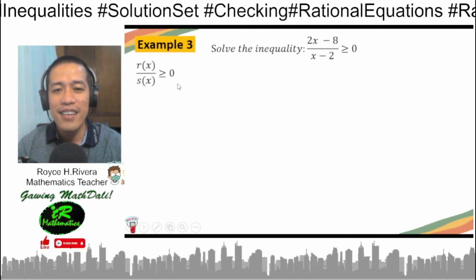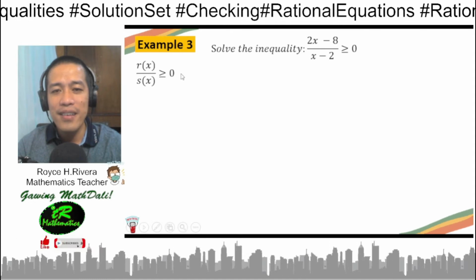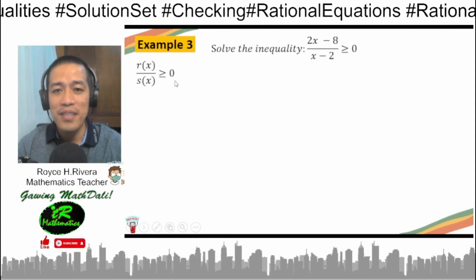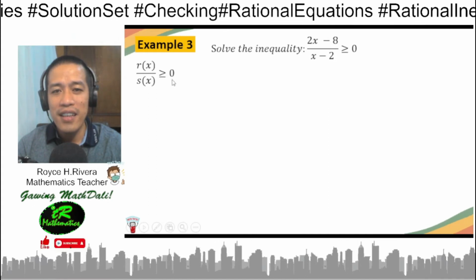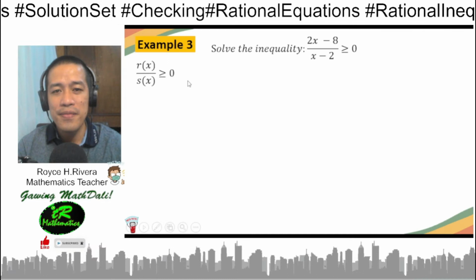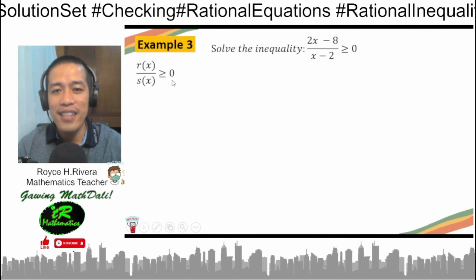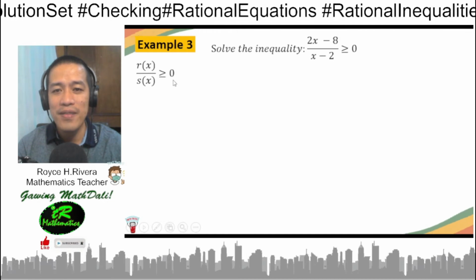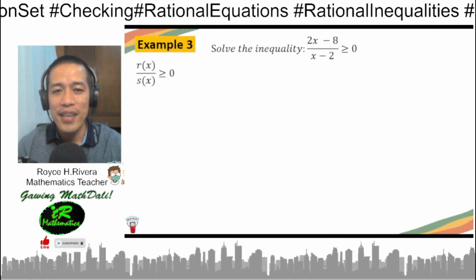The inequality sign can be replaced by greater than, less than, or less than or equal. Kailangan lang one side of the inequality will be equal to 0. In this process, I choose to make the right side of the inequality be equal to 0. Kung alin ang mas madali para sa inyo, pwede.